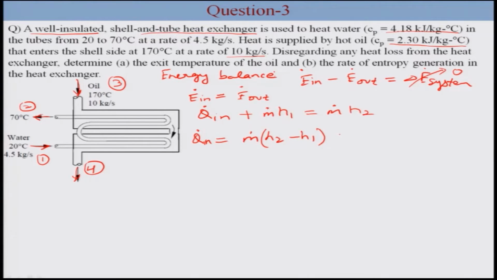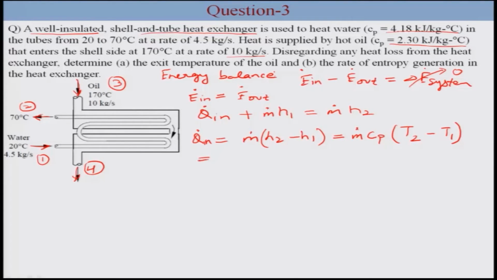So, this can be written in terms of specific heat and temperature difference. So, this is m dot Cp of water multiplied by T out of water, T2 minus T1.